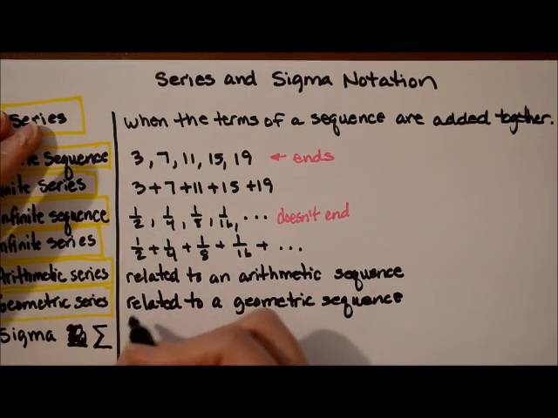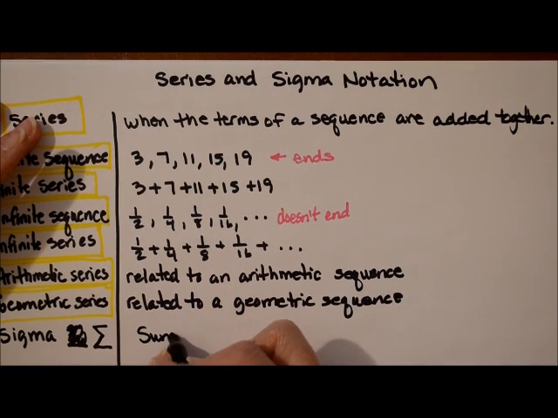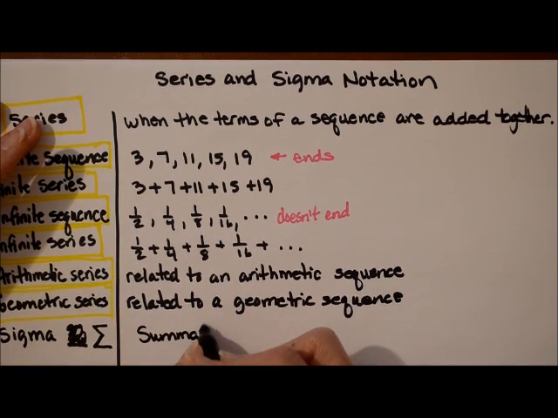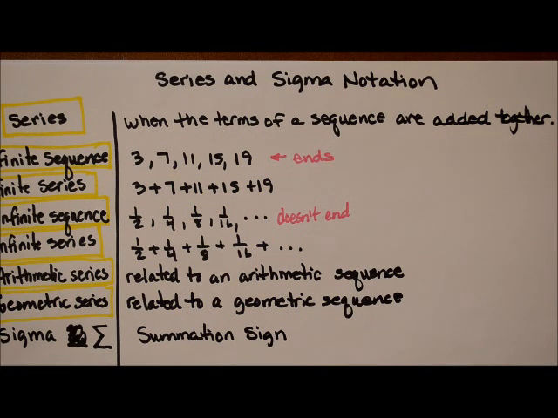Alright, so that's sigma, and this is a summation sign. Okay, a summation sign. Sigma is a summation sign. So it would mean, you know, all these things added together, right? All these things added together. Well, when I see sigma, then I'm going to know that I have a series. I have something that's going to be added together.